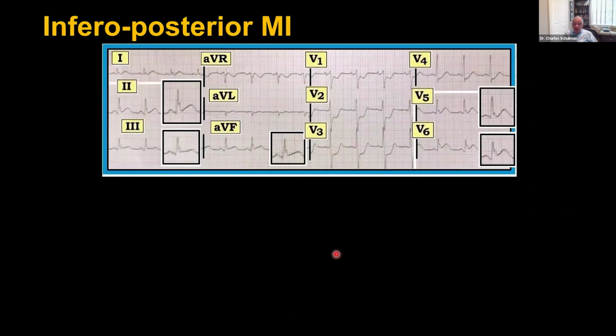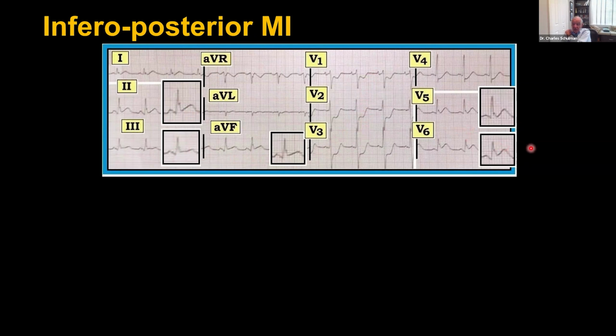Now, this is another situation. This is consistent with infero-posterior MIs. So here you see ST elevation in 2, 3, and AVF, but you see these very deep ST depressions in leads V1 through V3.